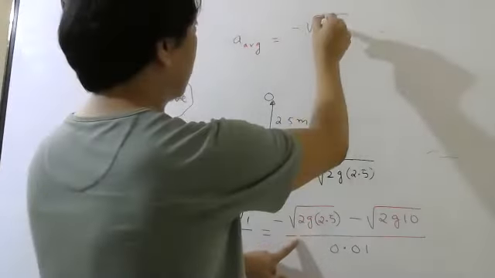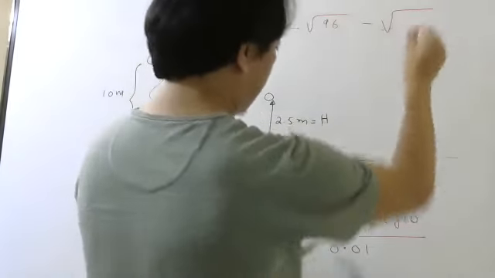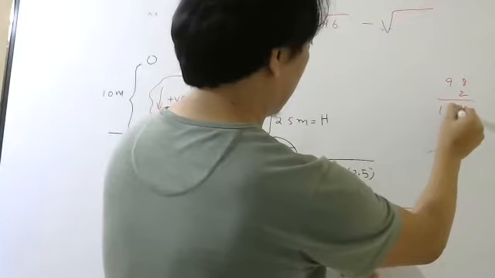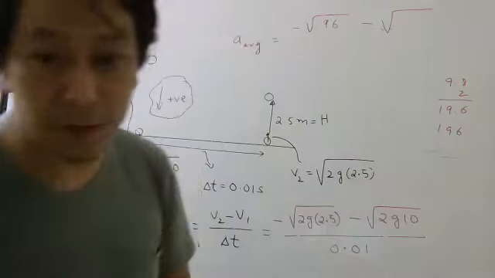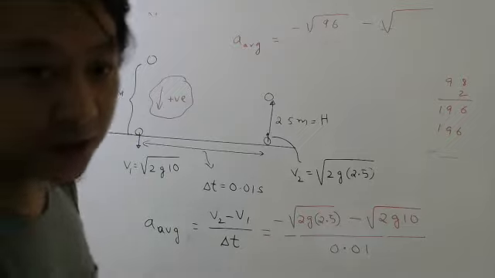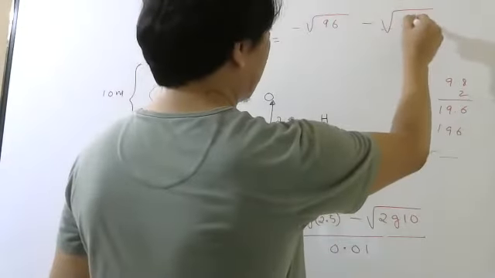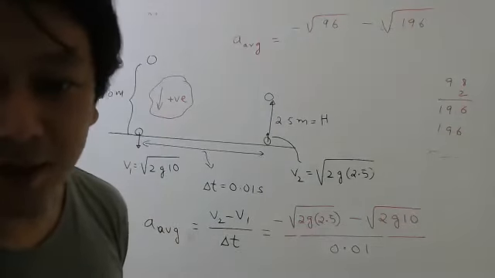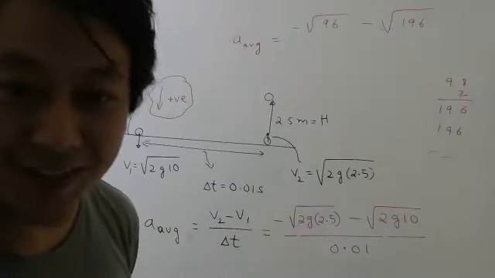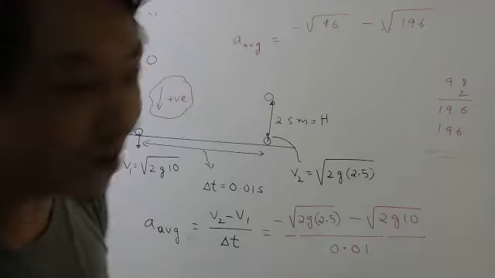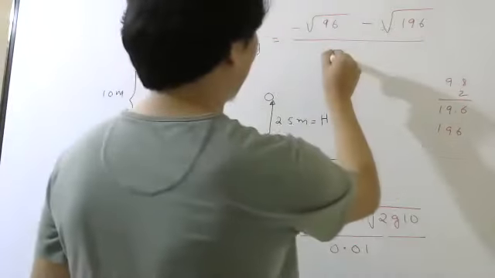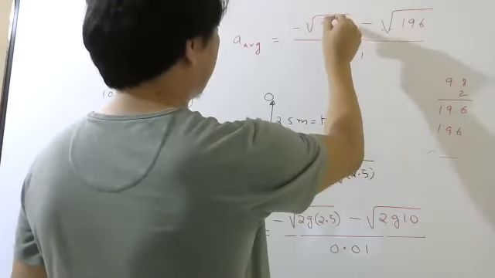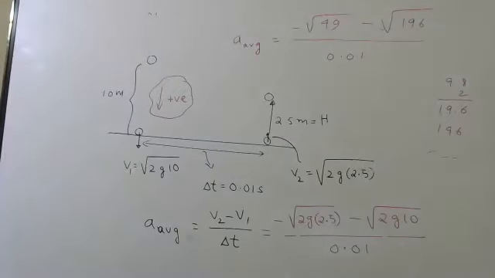And this will be root of 9.8 into 2 into 10, which is 196. 196 square root will be how much? 14, right? Oh, so it is better to take g equals 9.8. Sometimes it is better to take g equal to 9.8, as you have seen in this problem. Divided by 0.01.